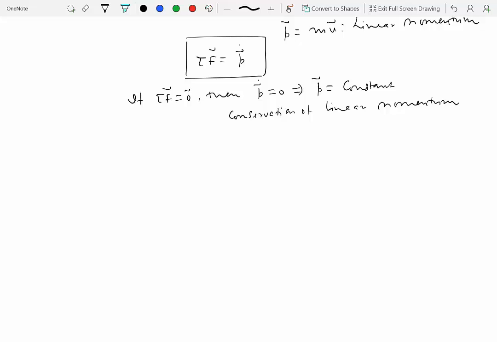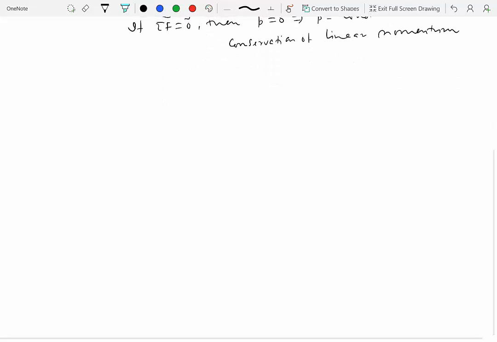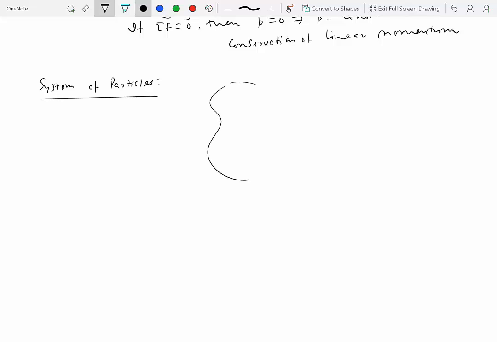Now, this principle of conservation of linear momentum is particularly important when you have multiple particles. Let's say we have a system of particles. A system of particles is basically multiple particles. It could be 2 particles, n particles, doesn't matter.